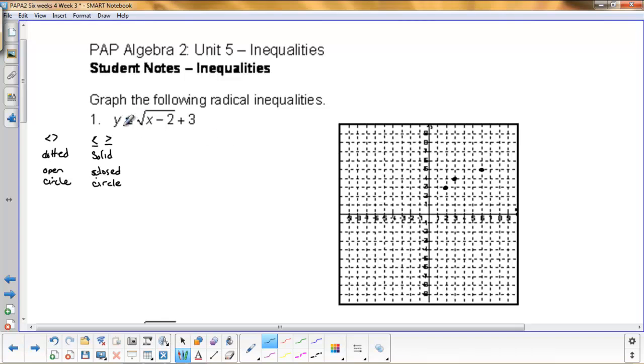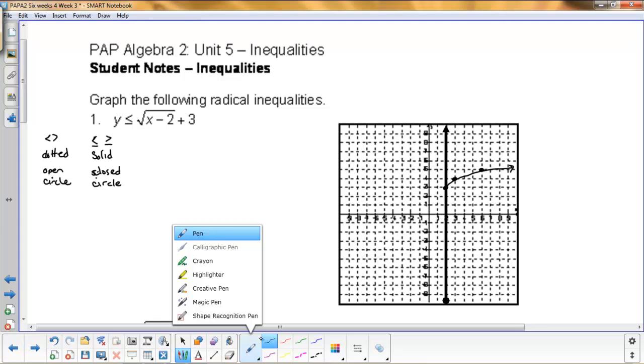Because this is less than or equal to, that is going to be a solid square root. And because the domain of this does not exist to the left of the number 2, we are going to draw a vertical line through that point to help us establish the boundary that restricts the solution set of this overall function.